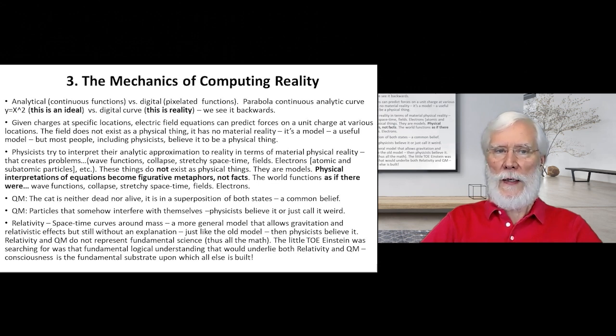In actuality, it's just the opposite. Our reality is created in a computer. Much of the computation is what we call numerical methods. That is using a computer to solve analytical functions, numerical methods.